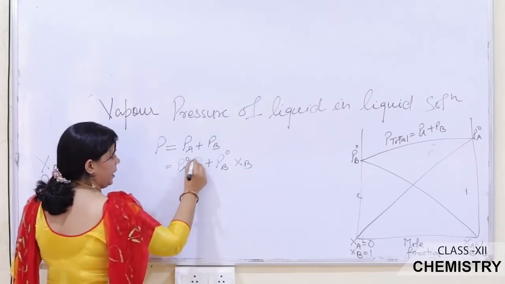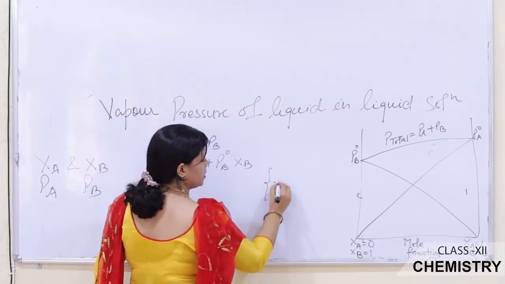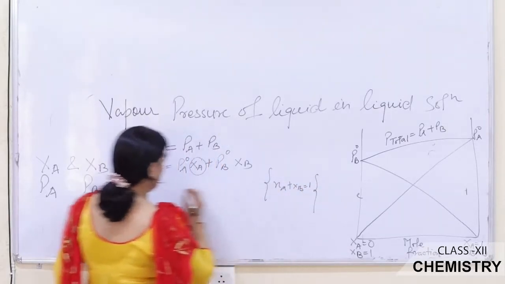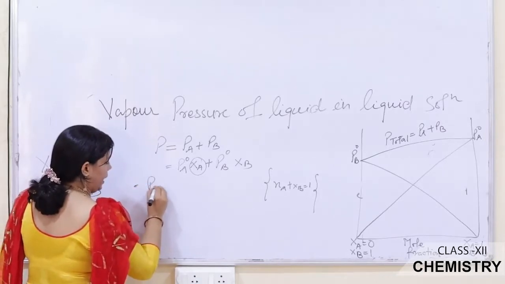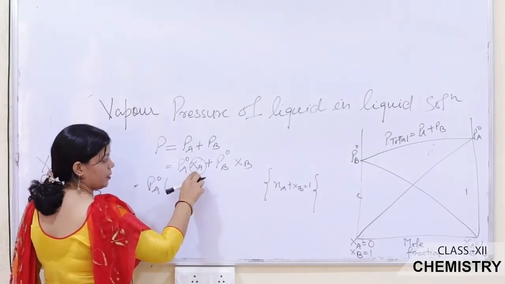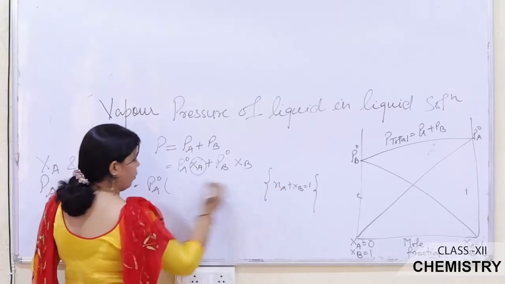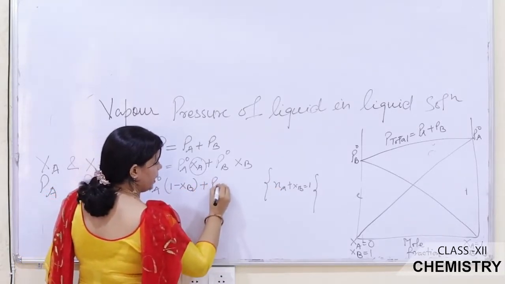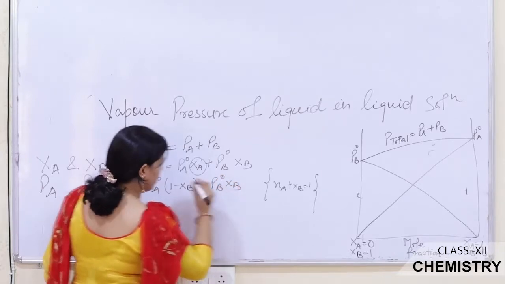Since Xa plus Xb is equal to 1, we can place 1 minus Xb in the place of Xa, giving Pa naught (1 - Xb) + Pb naught Xb.